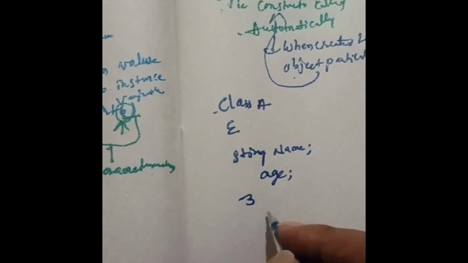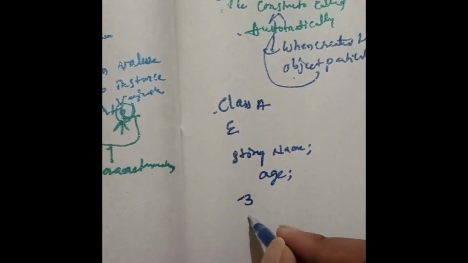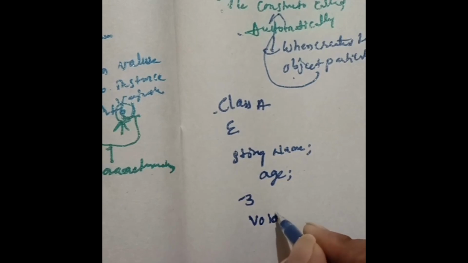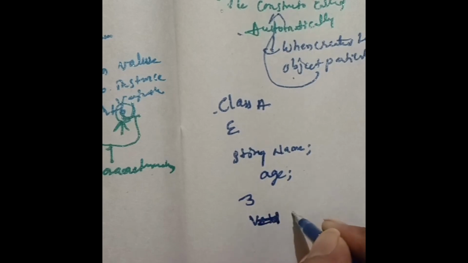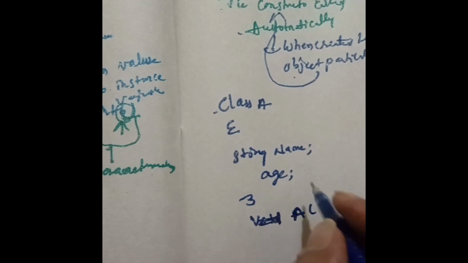And we write the methods for this class. First we create the constructor for this class. Class name and constructor name should be the same. A is the class name and this is our constructor name.